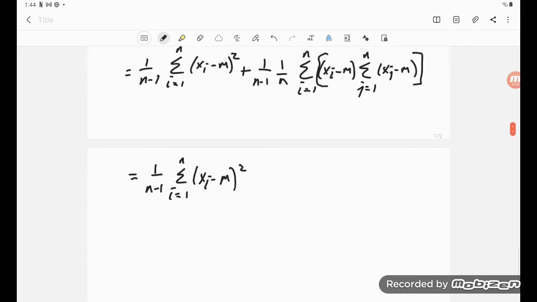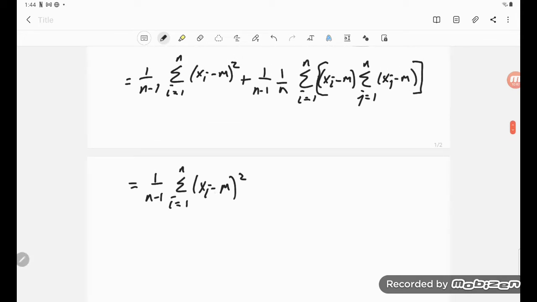And so, okay, I have this, and then this is plus 1 over n minus 1 times 1 over n. Now, on the summation up here, for i equal 1, I'll have x1 minus m. So from this first part, I'll have x1 minus m, and then that's times, here with the j equal 1, an x1 minus m.